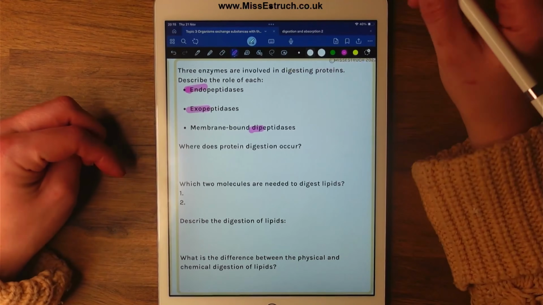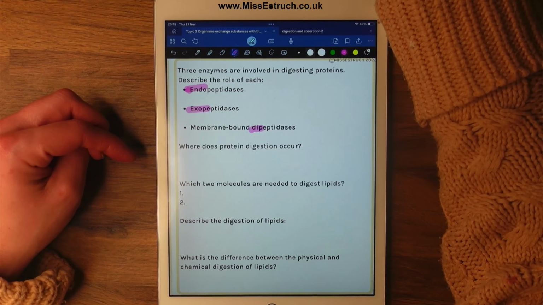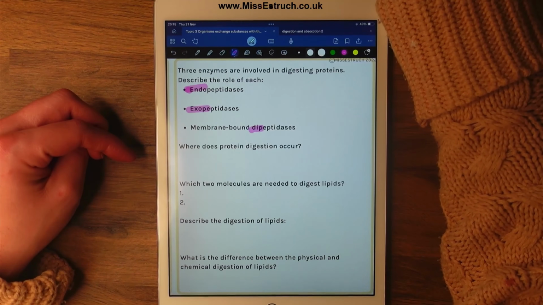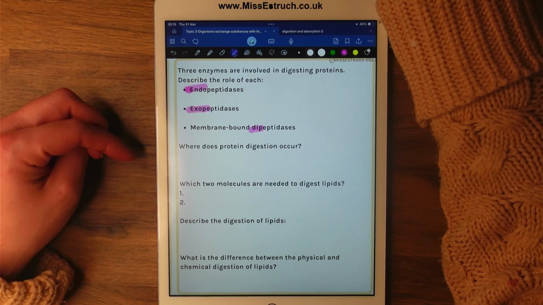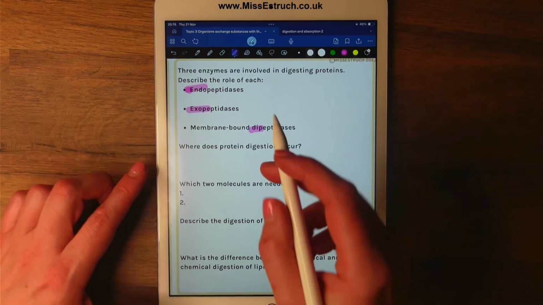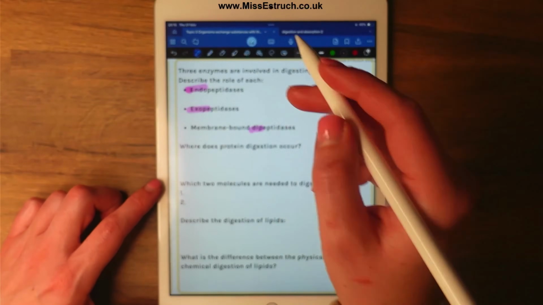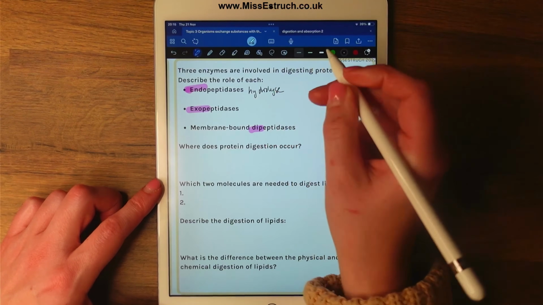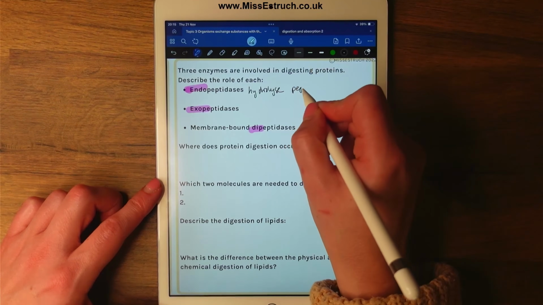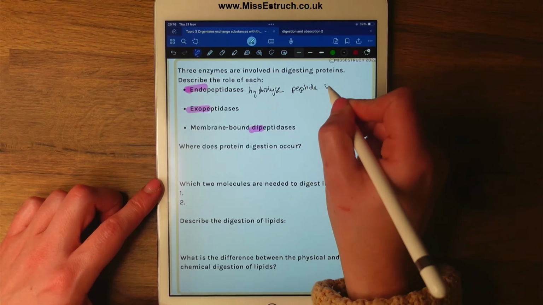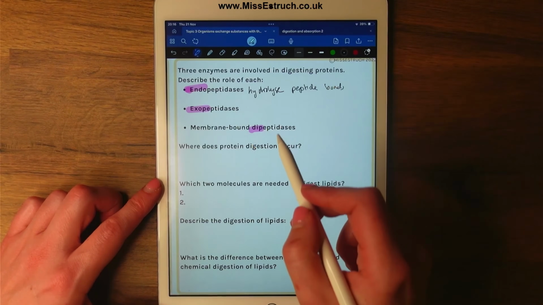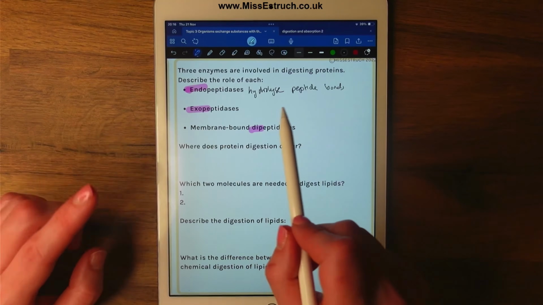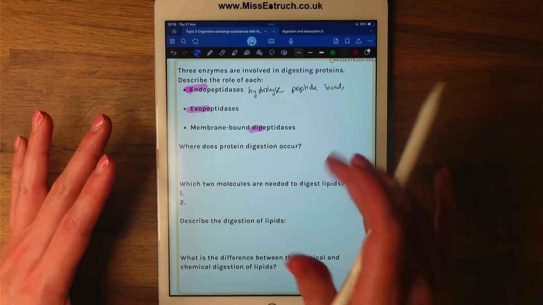Right, so endopeptidases. I can see some answers are coming in already. Excellent. So for our endopeptidases, these will hydrolyze peptide bonds. Now that's actually the starting point for all three of these, but they all hydrolyze peptide bonds in different places.